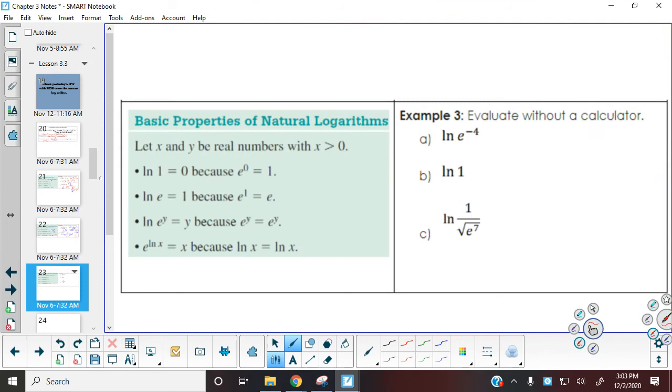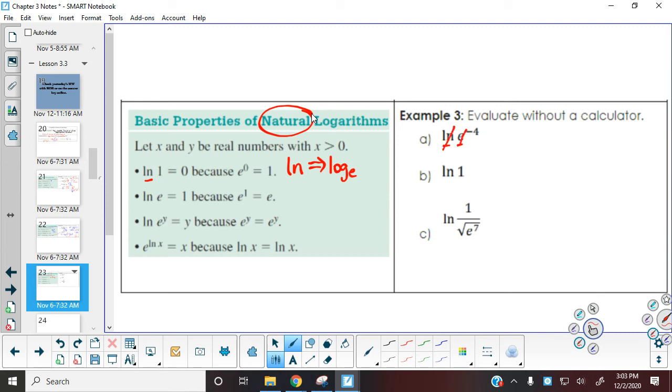The other type of logarithm that we see is a natural log. So anytime you see this ln, ln is the same idea as log base e. It is a logarithm with base e. So here's what I don't want you to do. I don't want you to overthink this. If you look at the natural log of e to the -4, those are inverses of each other.